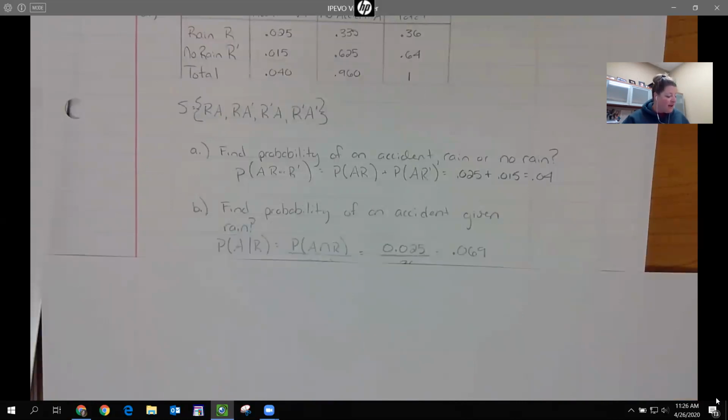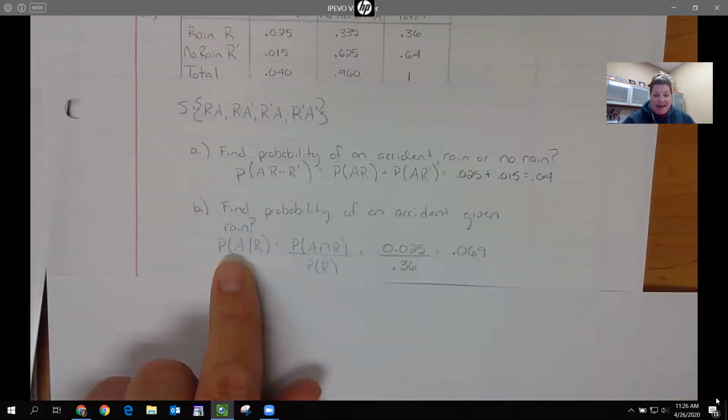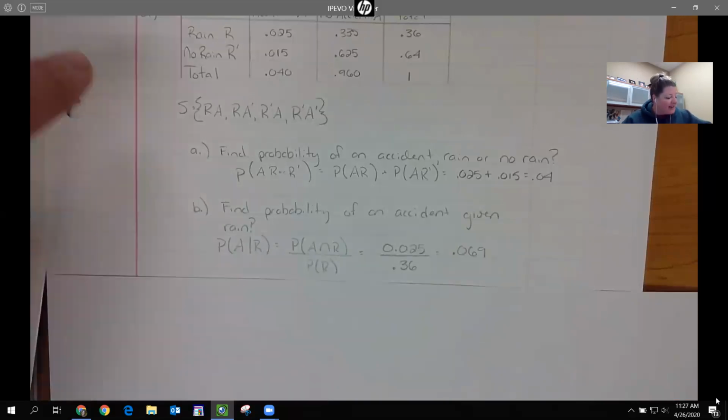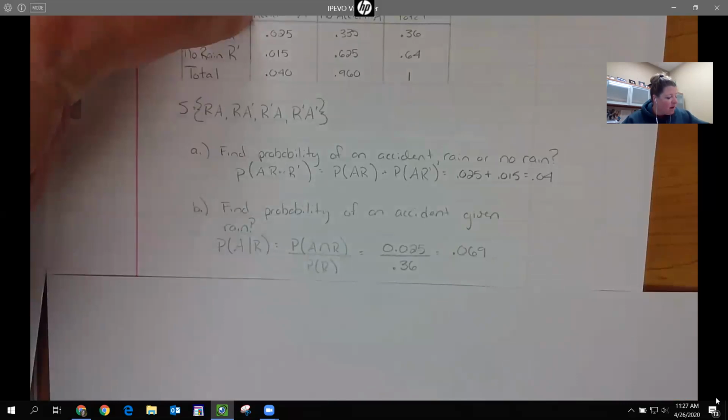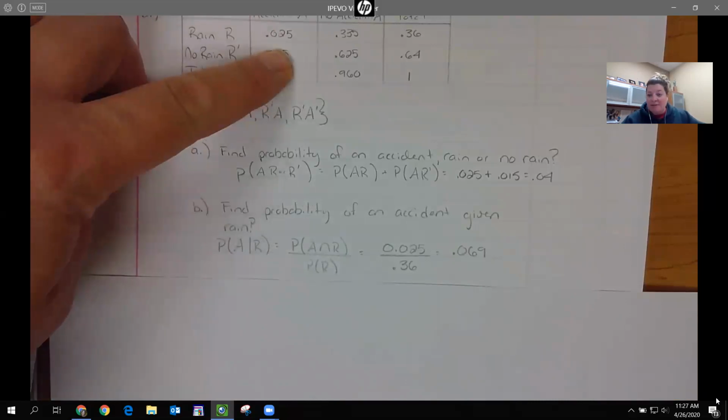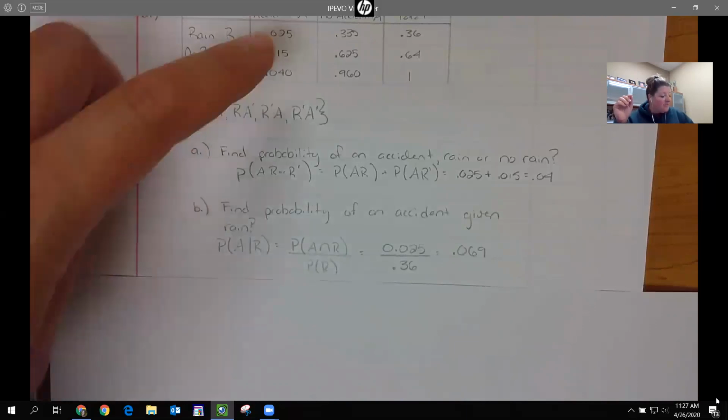You should have thought of it as an accident given rain. So we want, where are they in common? The accident given rain is going to be the 0.025, where they both meet. That's where they are in common. And then the probability of rain.